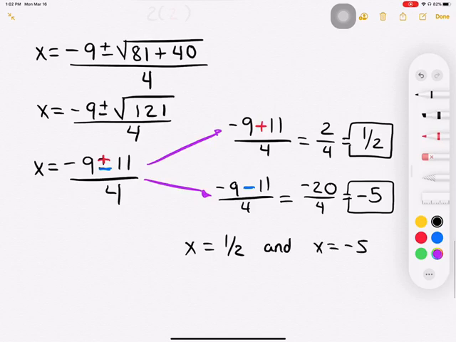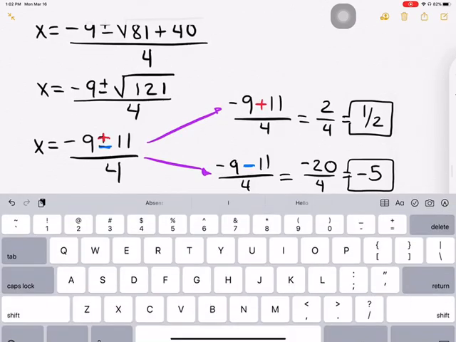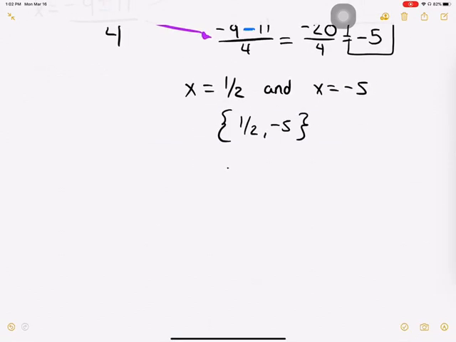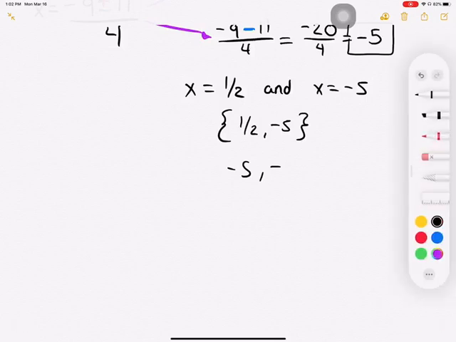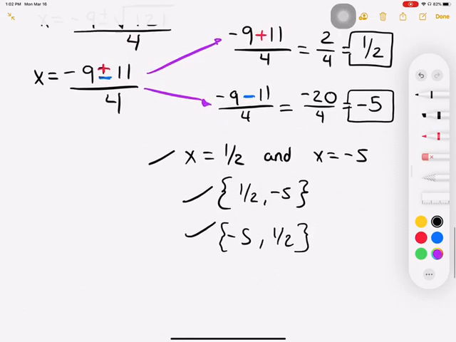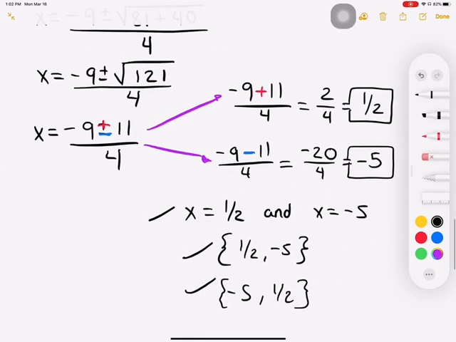So these are the two numbers that you're looking for, 1/2 and -5. Or the other way around also, right? It makes no difference if it shows in the PowerPoint as -5 and positive 1/2. Either of these situations is correct. This is what we're looking for on this problem over here.